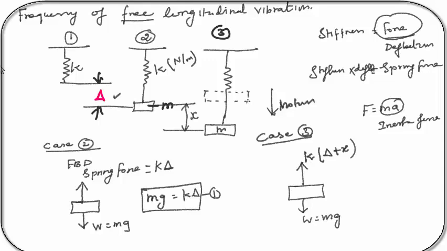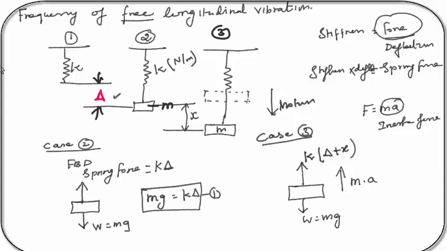We must remember that the inertia force is exactly acting opposite to the direction of the motion. So here motion is acting in the downwards direction, so the inertia force is acting in the upward direction, that is m into a, where m is the mass and a is the acceleration of the system.